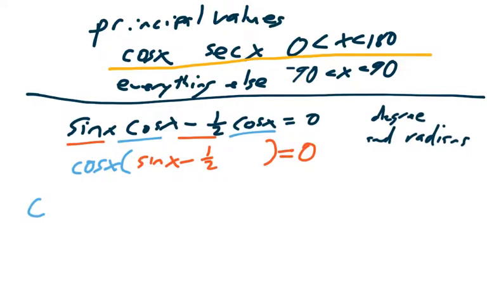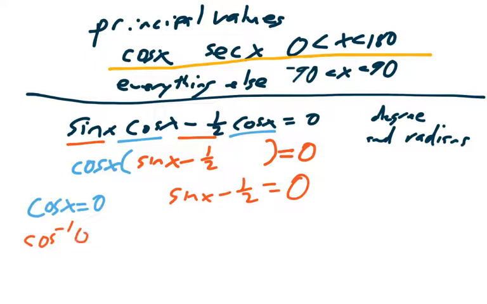Now I'm going to take the first factor and set it equal to 0, and I'm going to take the second factor and set it equal to 0. So in my calculator, if I'm on degree and I do inverse cosine of 0, it will give me the answer of 90.